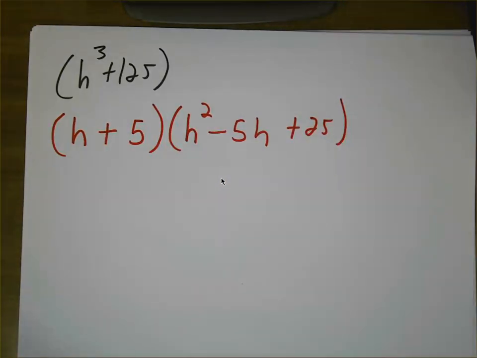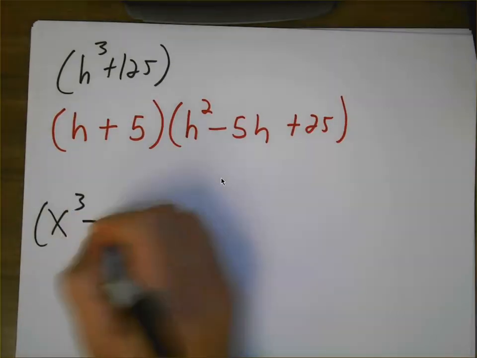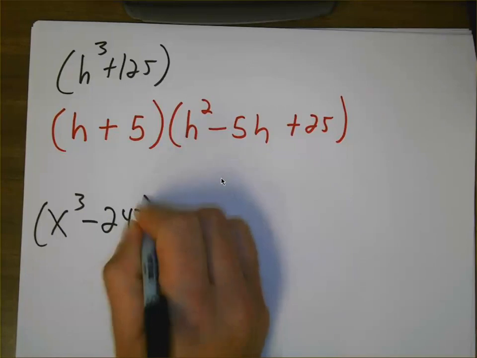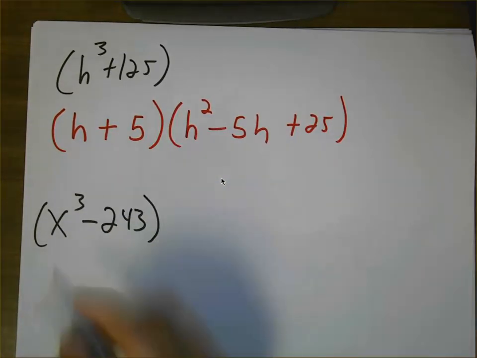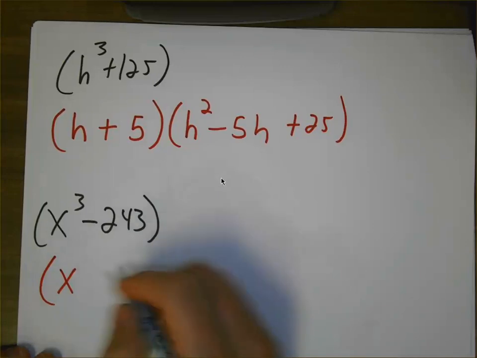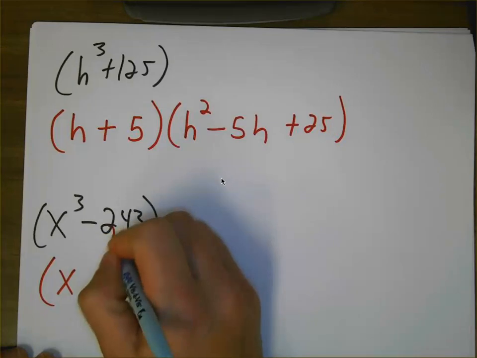You want to see the difference of cubes? You can do something like, here's x cubed minus 243. Do you recognize that those are two perfect cubes and there's a difference? Well, then you just do this. You do x here. And what's the cube root of 243? I'm sorry, it's not supposed to be 243. It's supposed to be 343.